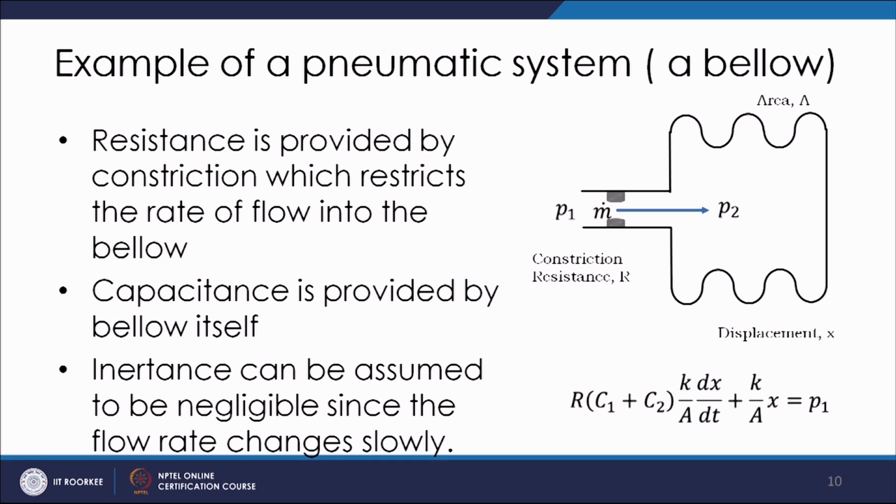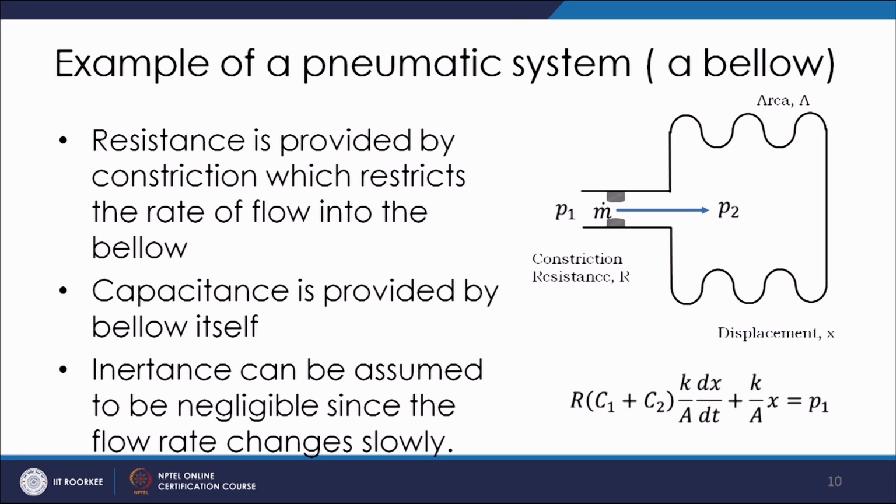Suppose the pressure before the constriction is P1, and after the constriction the pressure is P2, and say the area of cross section of the bellow is A and the displacement in the bellow is X. Now as I said, the resistance is provided by the constriction which restricts the rate of flow into the bellow, and the capacitance is provided by the bellow itself.